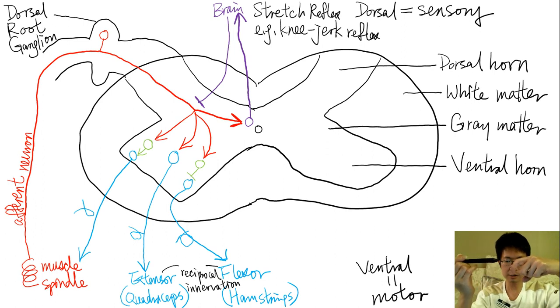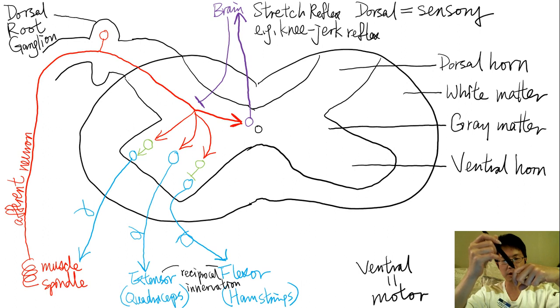So what happened? When you hit the patellar tendon, you basically compress it. Not tendon, I'm sorry, patellar ligament. When you hit your patellar ligament, you compress it, and the patellar ligament connects to your patellar bone, and the patellar bone connects to the, some people call it patellar tendon, some people call it quadricep tendon.